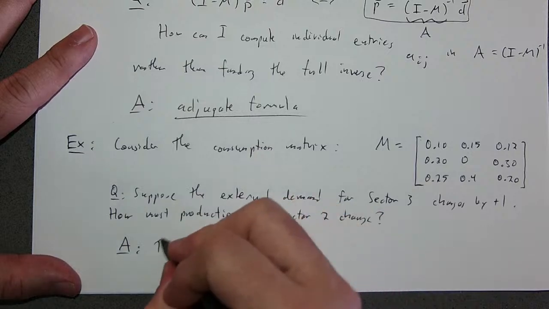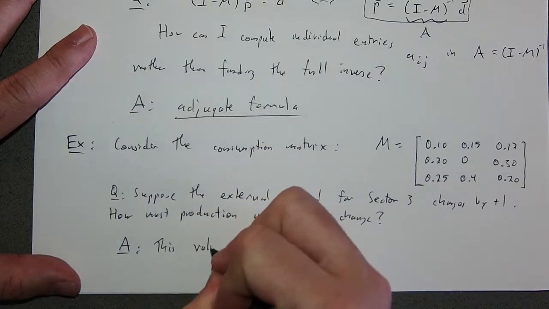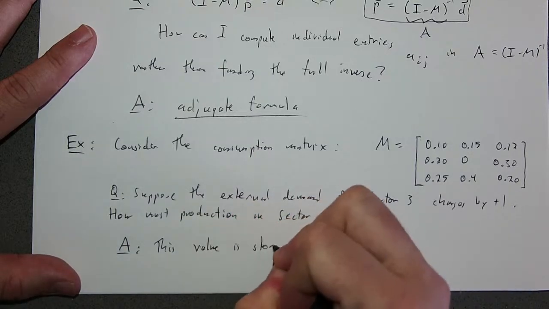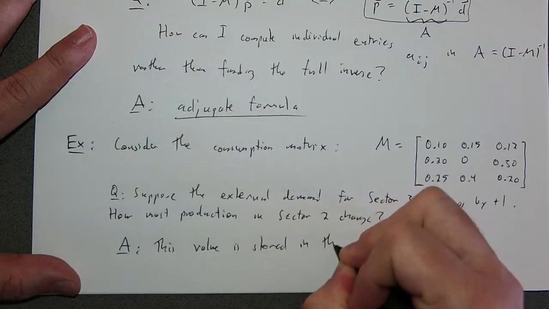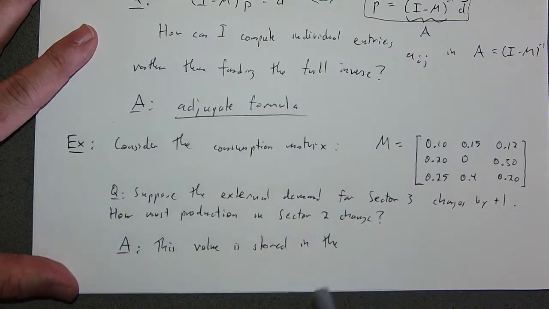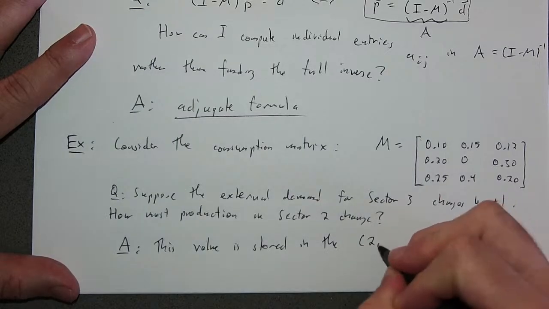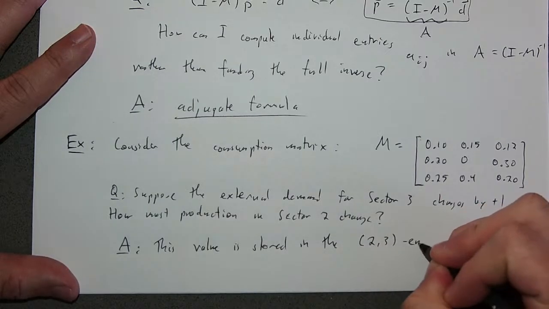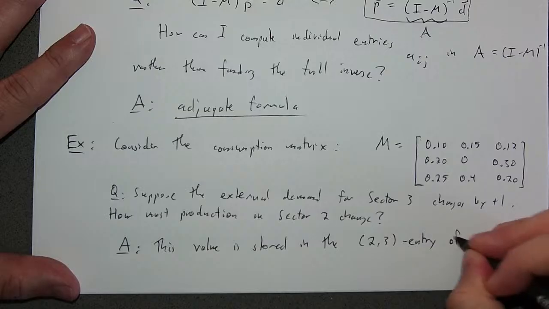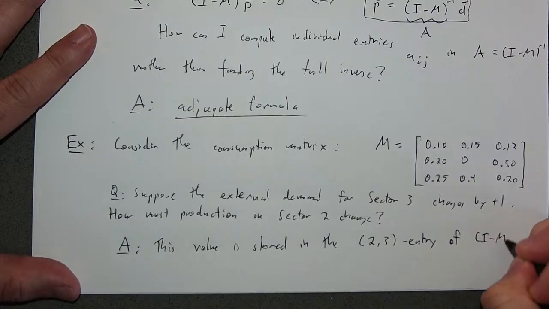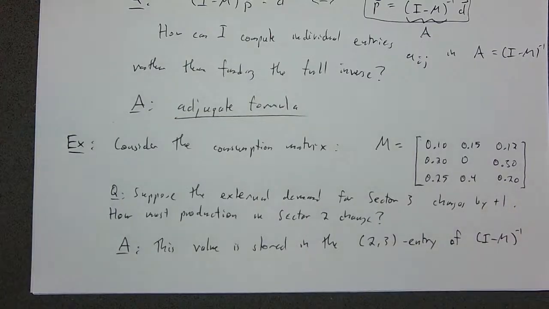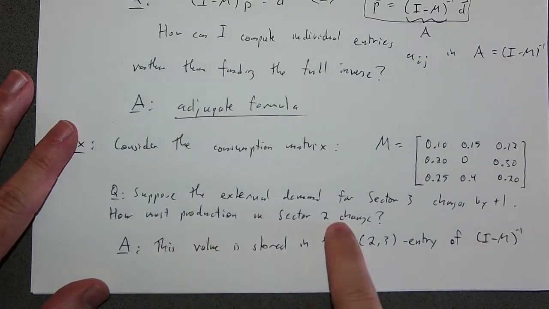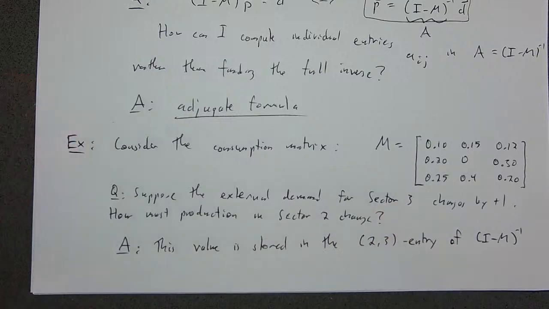So this value is stored in row 2, column 3 of I minus M inverse. So it's stored in the row 2, column 3 entry.